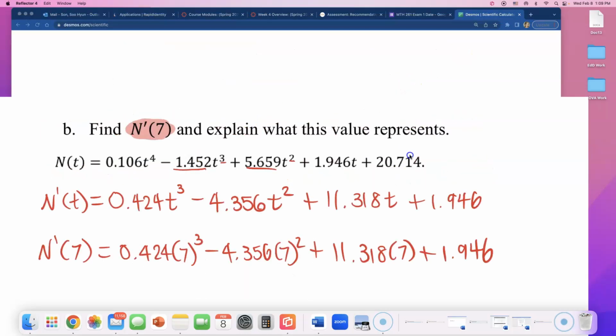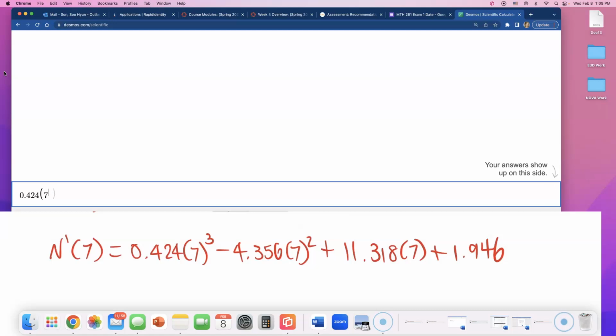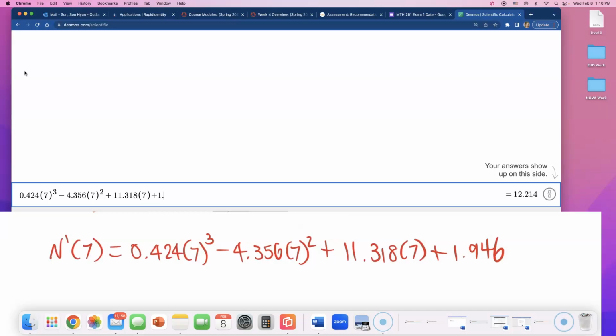It's hard for me to type on a cell phone. 0.424 times 7 to the 3rd minus 4.356 times 7 squared plus 11.318 times 7 plus 1.946. All right, check for my typos for me. I don't see any typo. So the answer is 13.16.